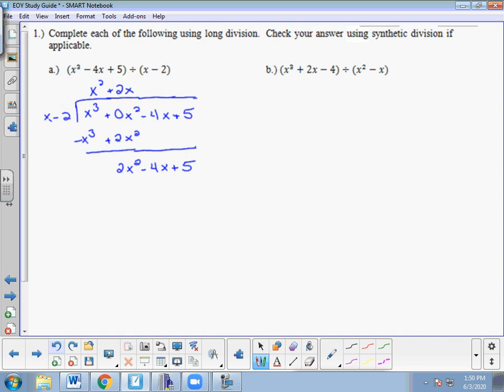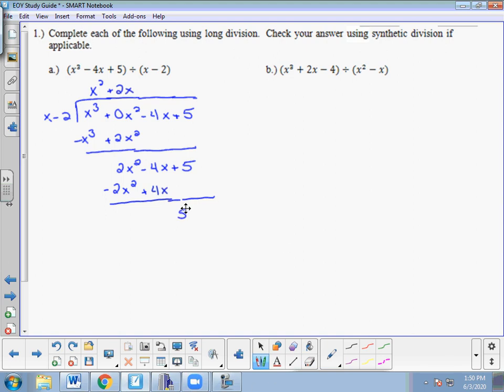So 2x times x is 2x squared. 2x times negative 2 is negative 4x. I subtract both, so I need to make sure I change the sign of both. The 2x squared minus 4x would cancel out with the negative 2x squared plus 4x to give you 0. I'd bring down one term remaining, and it would just be a positive 5.